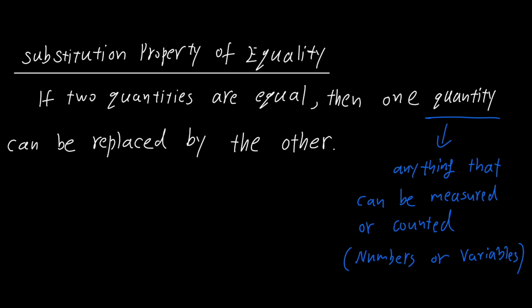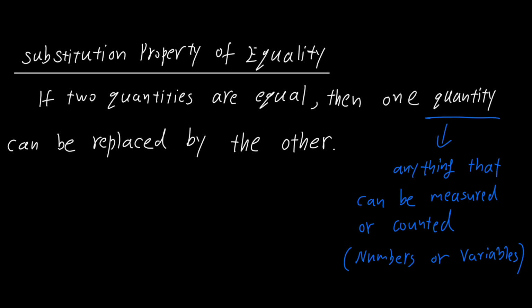So translated into human language, it means if we have a number or a variable and we set it equal to one number or variable, we can replace one of the quantities or variables by the other number. So let me show you.